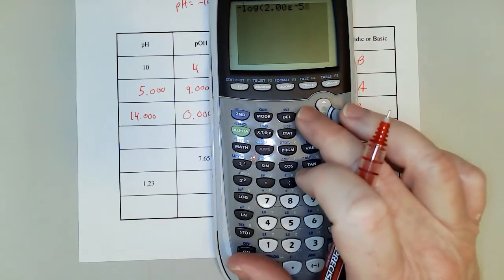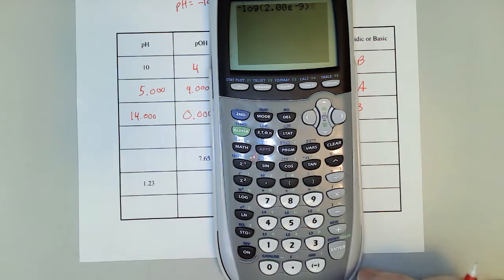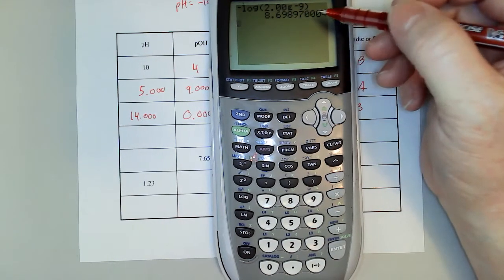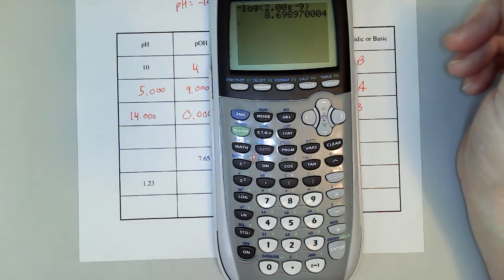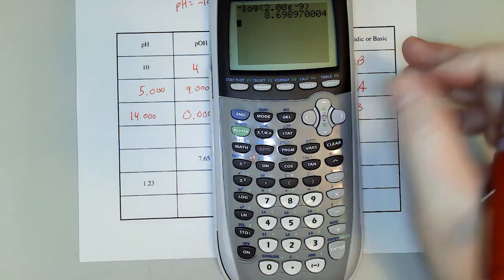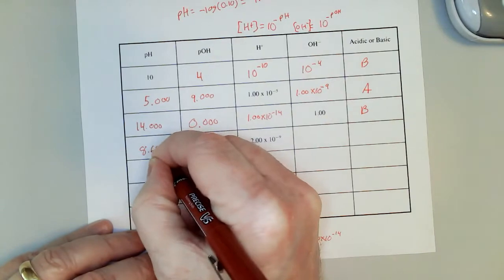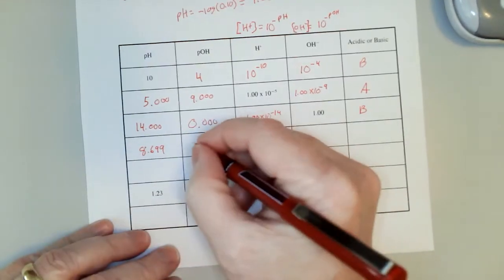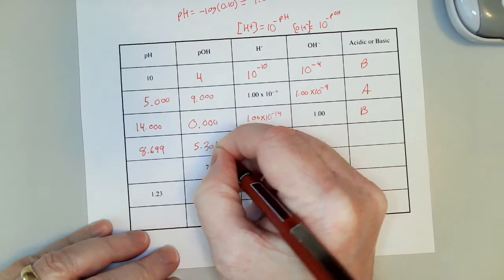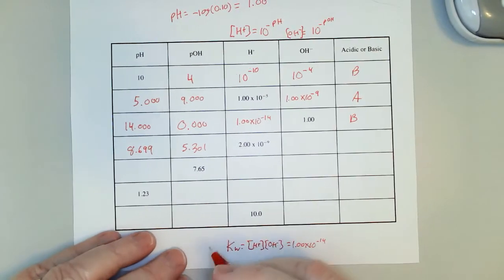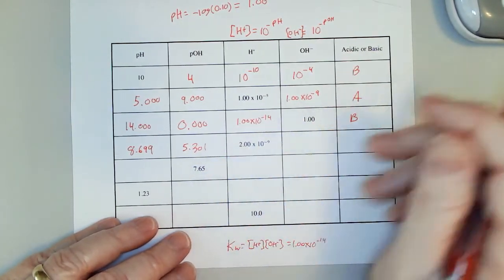Oh, I'm sorry, negative 9. My boo-boo. Hit enter, and I get 8.6989, etc. 3 sig figs, so 8.699. All right, so this would be 5.301, and 10 to the negative 5.301.